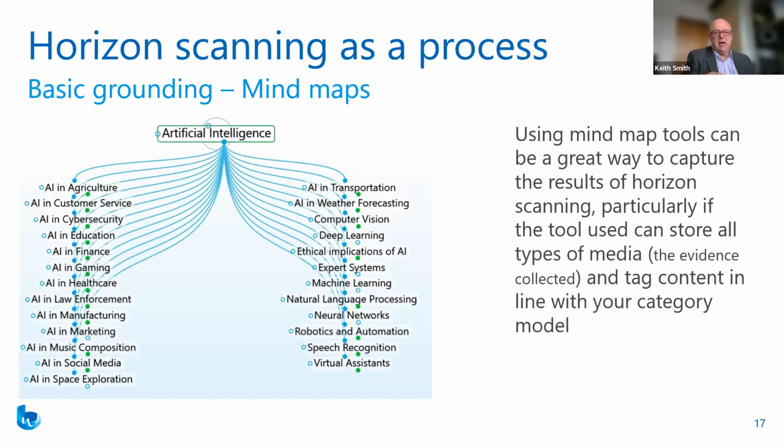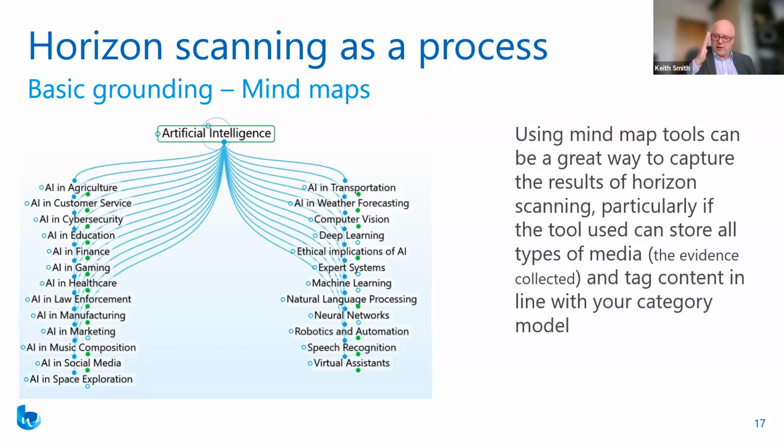There might be artificial intelligence in transportation, how it might be used to drive automatic cars, AI driving automated vehicles. But I can link it across in my mind map to maybe law enforcement. How's that going to work? I can link it across to maybe developments in robotics and automation on the right hand side towards the bottom.